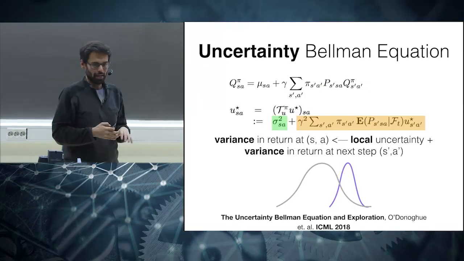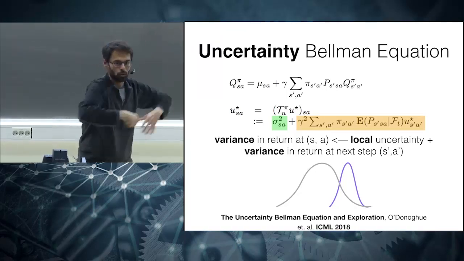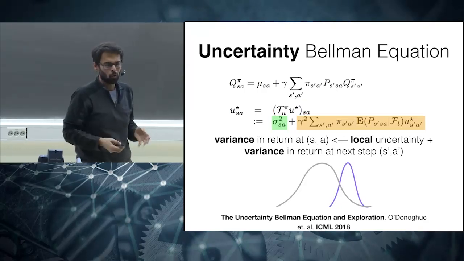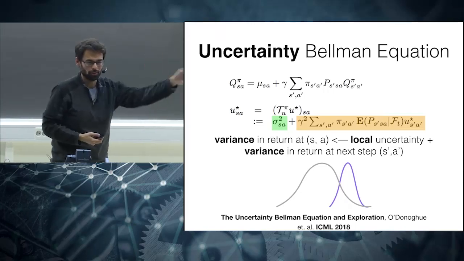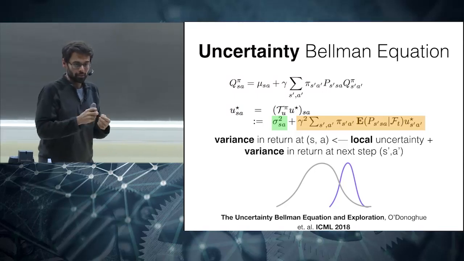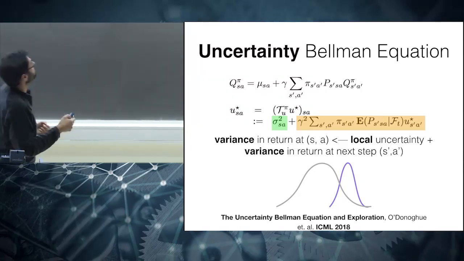How uncertain is this action? If I've been on many paths from this action onwards, that means I have low uncertainty. It's quite certain, I shouldn't really go there. I've explored enough. But the key is that this is integrating this long-term uncertainty.